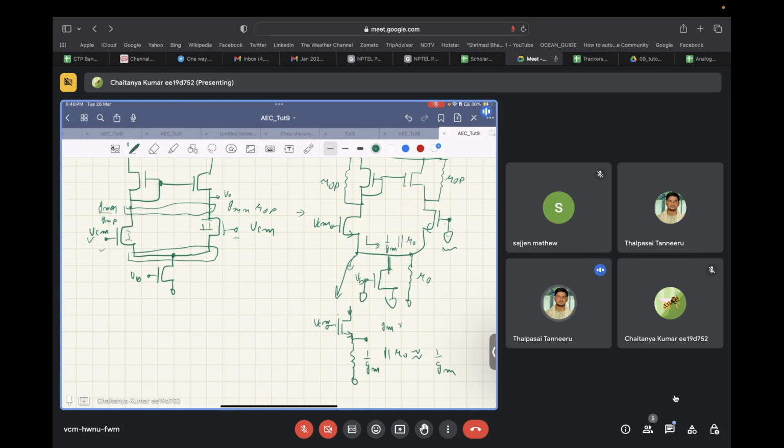So you tell me just this. If this is GM, this is input of VCM, and this is some RS, what will be the voltage at this node?